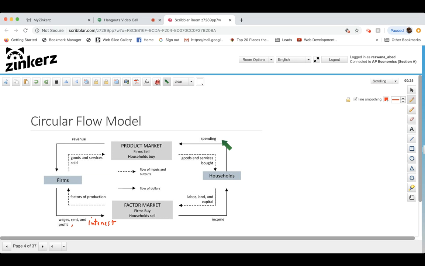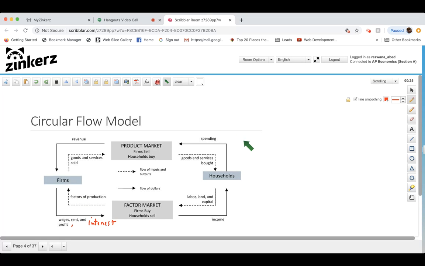So are you talking about households? Here, for the simplistic assumptions, this is what we talked about in the beginning of the course. For simplicity, we assume that they spend all of their money to buy those goods and services. You can think about households also saving some of their income, so most people do that. Most households don't spend all of their income to buy goods and services. For farms as well, they probably don't use all of their revenues to pay workers or for other factors of production.